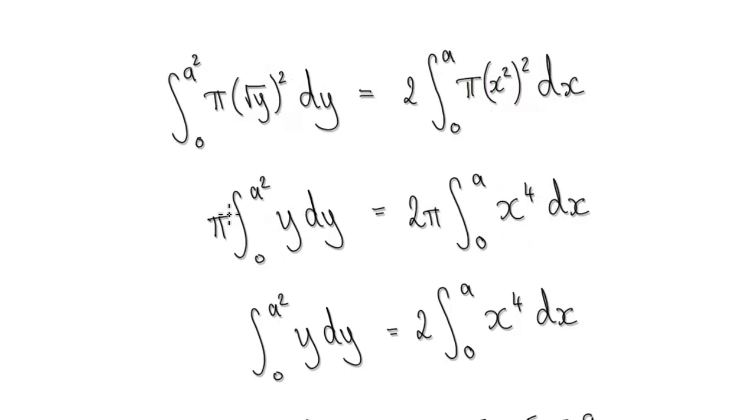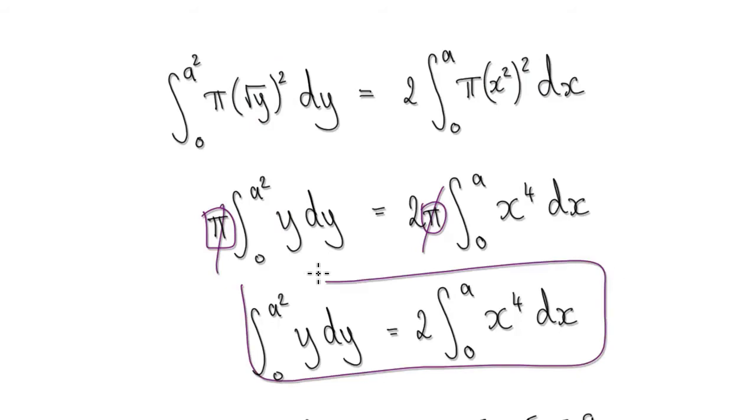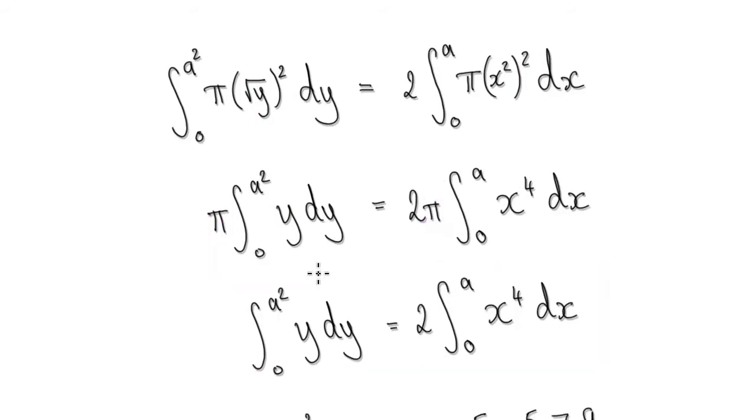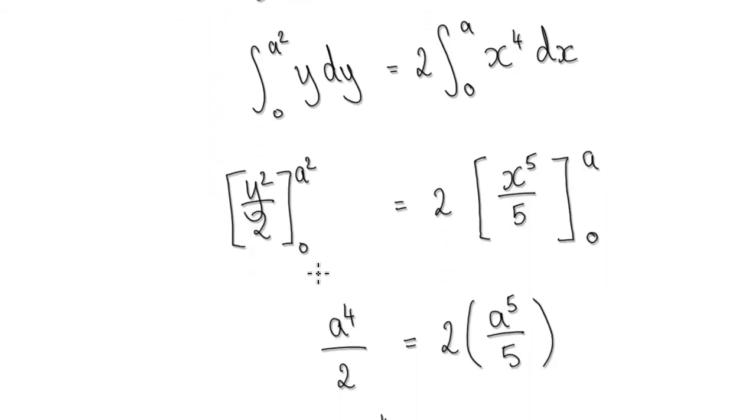Now divide both sides by pi. That gives us this thing here. Now integrate both sides. On the left hand side you're integrating with respect to y, so when you integrate this it will be y squared over 2. Here you're integrating with respect to x, so that would be x to the power of 5 over 5.